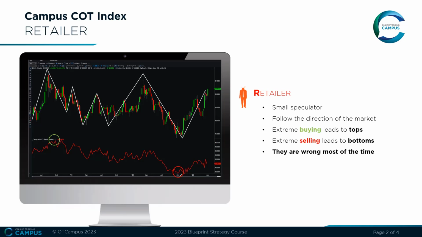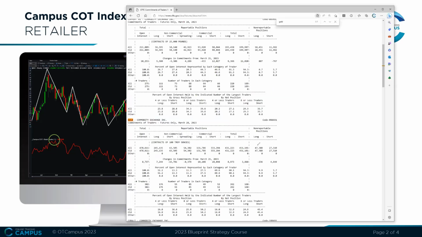For some markets, however, and there's a caveat to that, this group is usually doing a pretty good job. And that's primarily in the agricultural markets, and some of them like the meat markets, like lean hogs or live cattle. And the reason for that is because there may be some commercials here that are just trading less than 100 contracts, right?